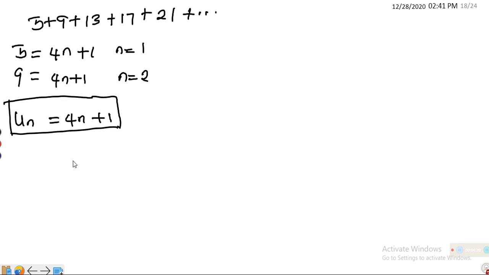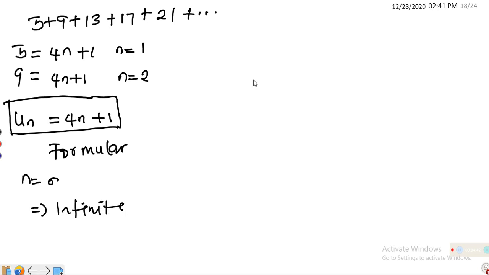Now we can write a formula for the series. In the formula we put n equals r, and we take the summation. Is this series finite? No, this is an infinite series, so the formula is going to be the summation from r equals 1 to infinity of 4r plus 1.